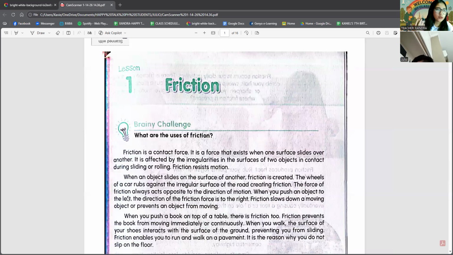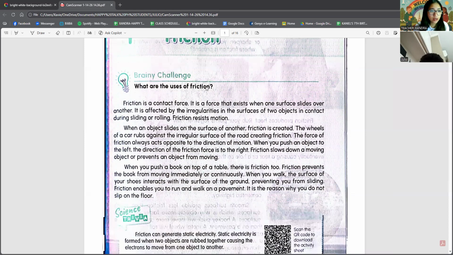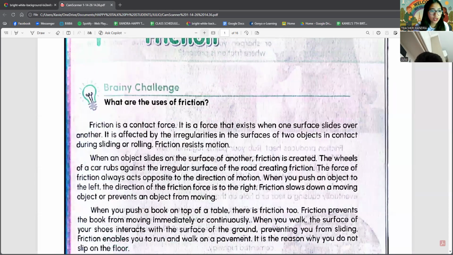We will explore how friction works, why it resists motion, and how it helps us walk, drive, and even generate static electricity, and the different types of friction, and many more. Okay, so Julio, please read what are the uses of friction?